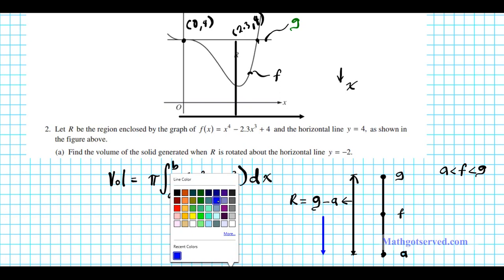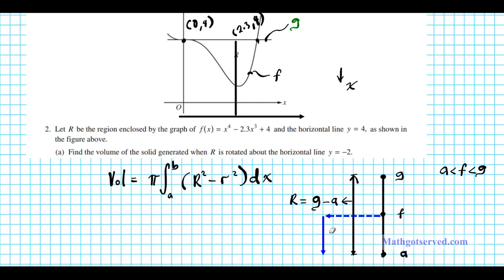What we're doing is we're calculating how far it is from F to the axis of rotation, okay? So our little inner radius, little r, in this problem is going to be F minus A. Remember, you subtract the smaller one from the bigger one, all right? So this is big R and this is little r.